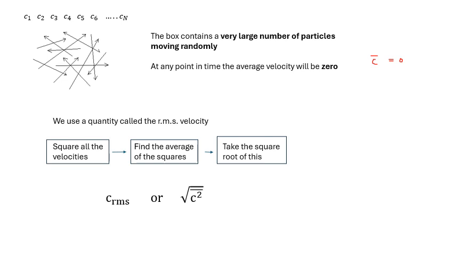And that's what c RMS is. It's the root mean square velocity. You can write it as c RMS like that, as AQA do, or OCR, it's root c squared bar. The root mean square velocity, roughly equal to the average speed. Think of it as the average speed.